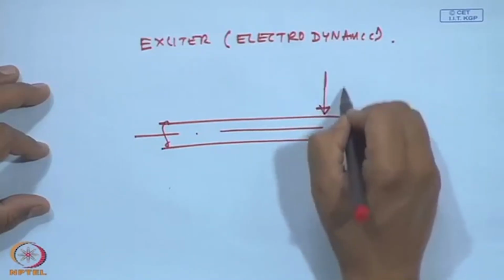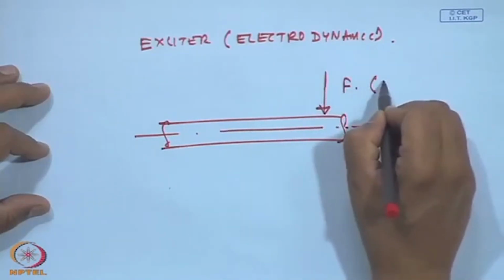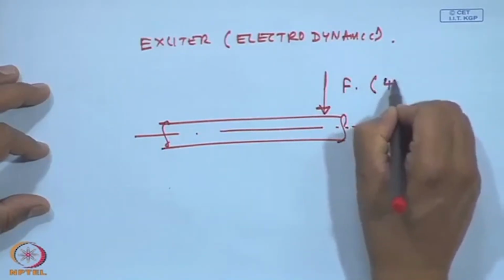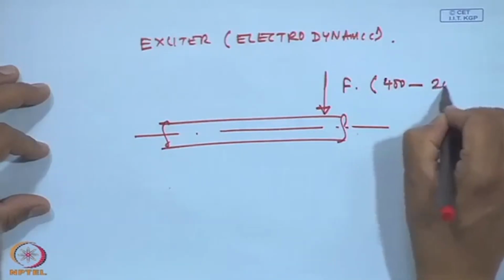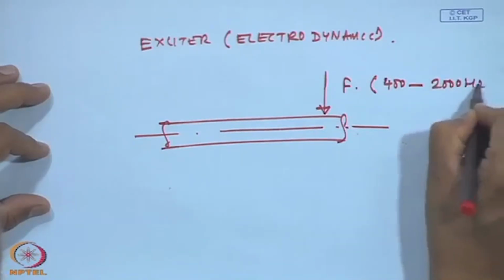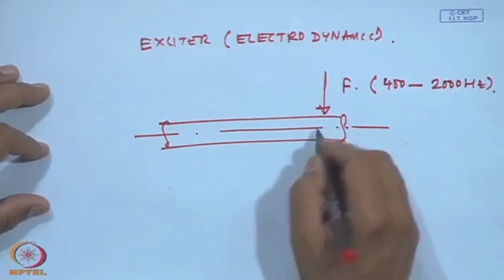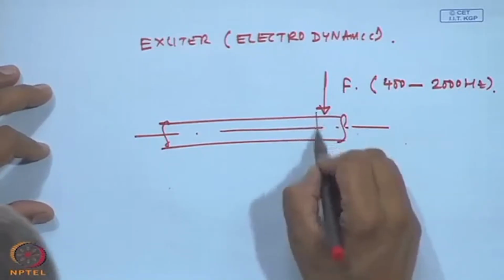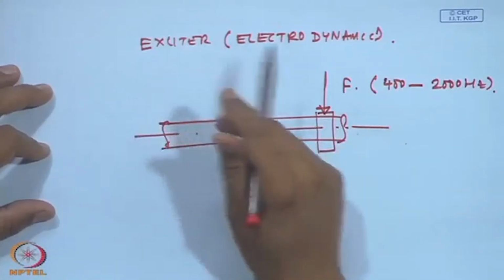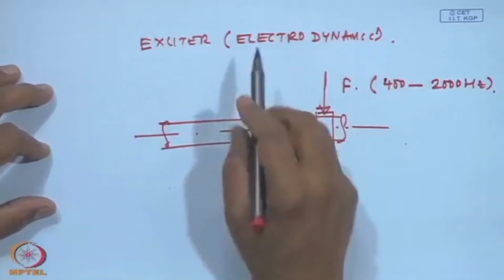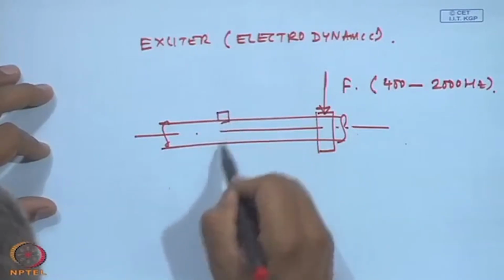I give a known force F from a frequency of maybe 400 to 2000 hertz, and at the same time measure at the bearing locations obviously, because turbines are supported with many bearings.